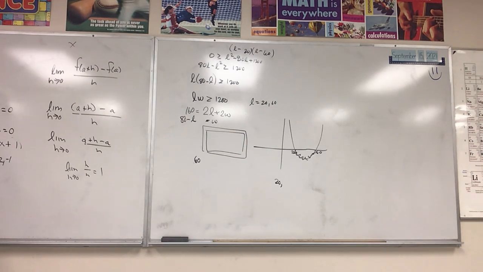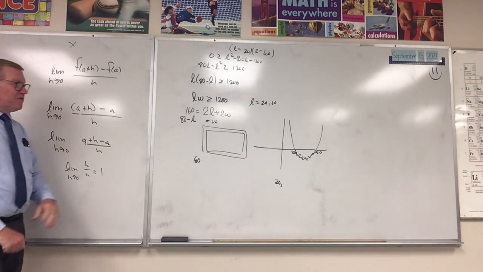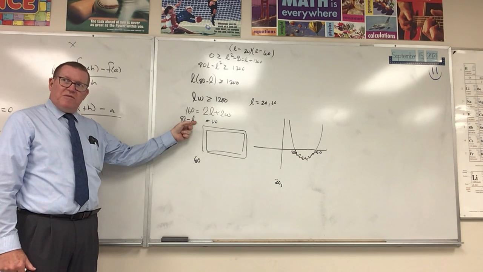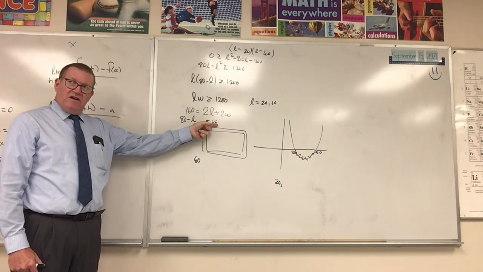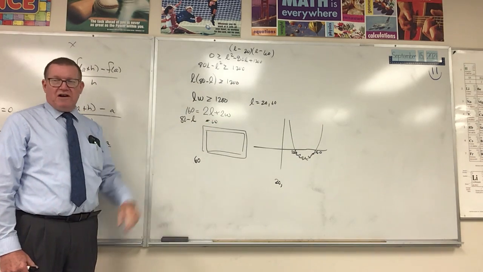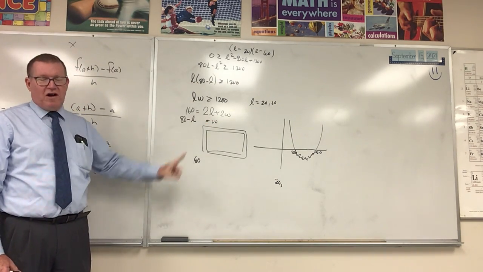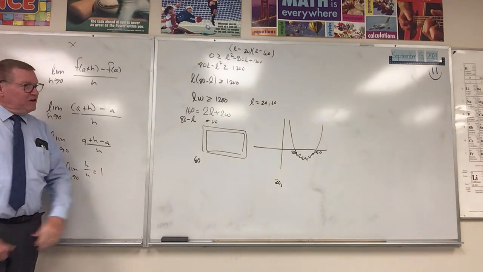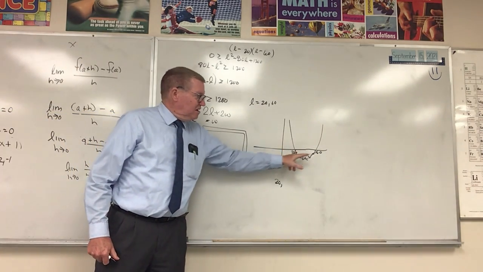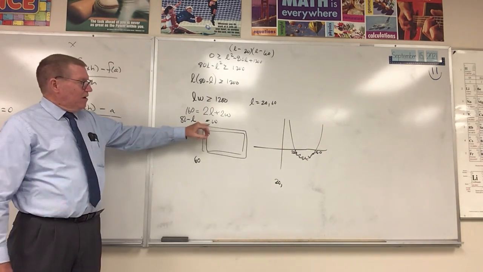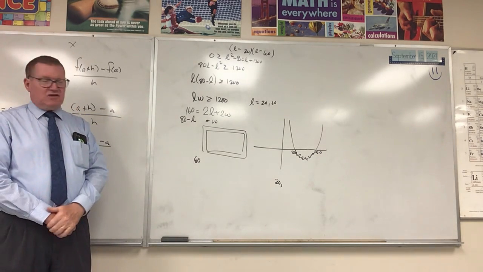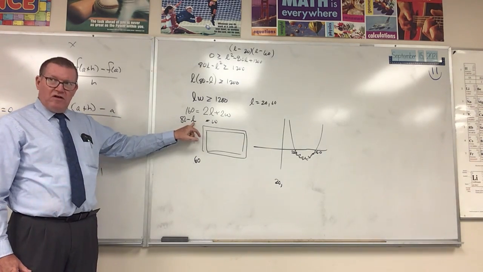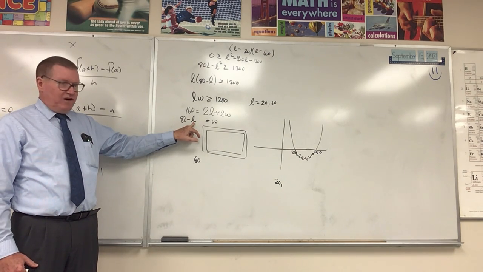What is the smallest number I can put in for my length to make sure that my width is equal to or smaller than my length? I want my width to be smaller than my length. So what number can I put in for L? 21. Alright, 21. What's the smallest number I can put in for my L?